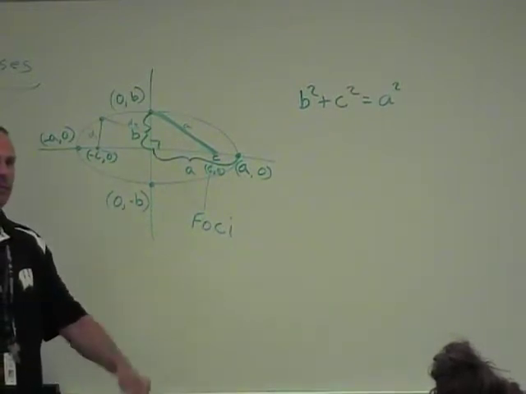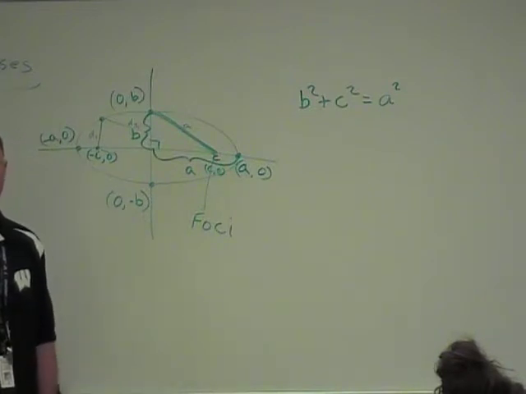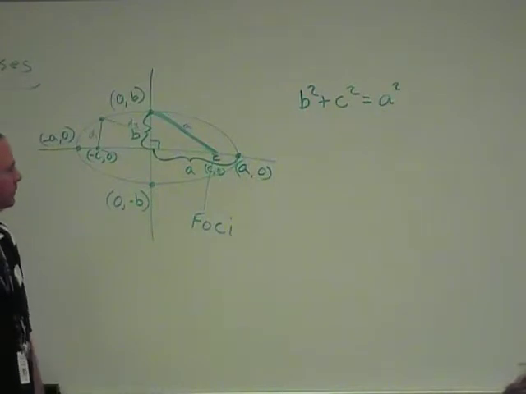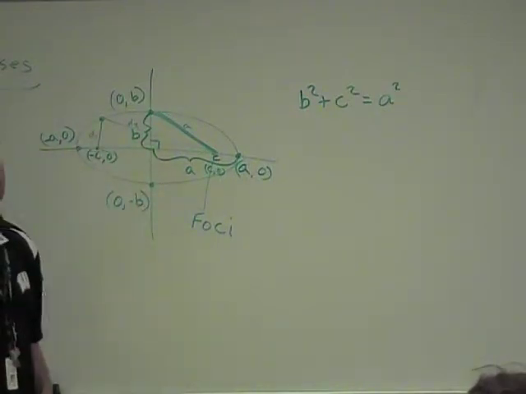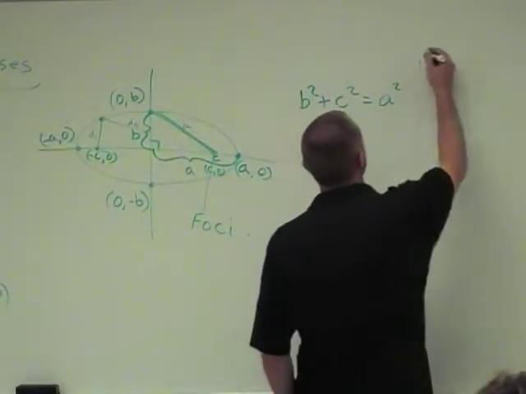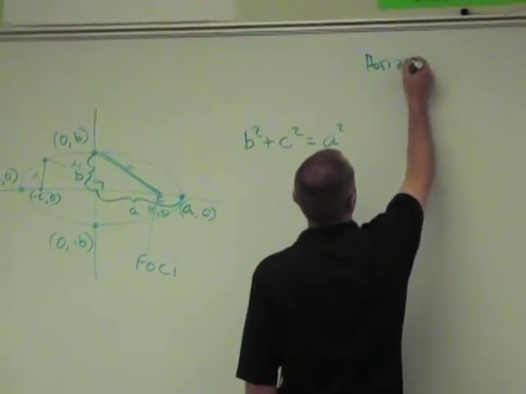Stop thinking of the Pythagorean theorem as a squared plus b squared equals c squared. That's very typical, but now we're moving on. This is where all these letters come from. Now there are five things you have to tell me, and we'll use this to start. So, horizontal ellipse.